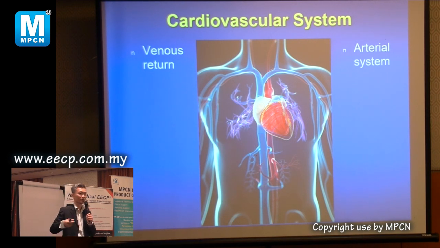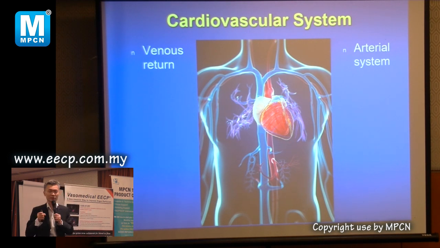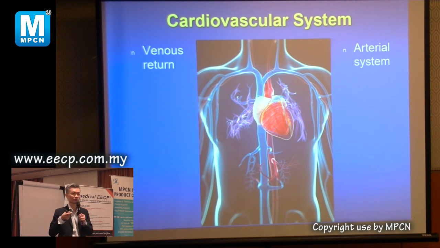So how is it done? It's an invasive thing. You put a tube into the femoral artery, you put it up here and leave it up here. So this balloon in the aorta has the same function. It inflates during diastolic and deflates during systolic. Same principle, it increases blood flow to the coronary arteries and to the brain.